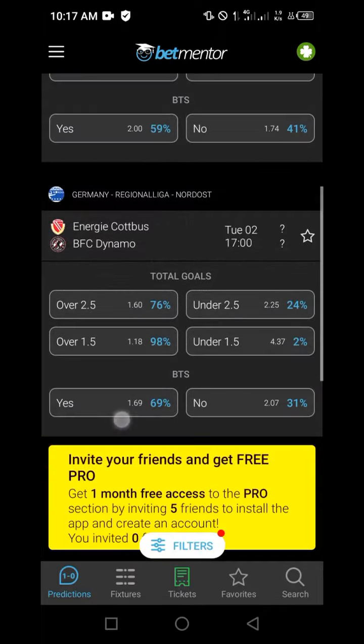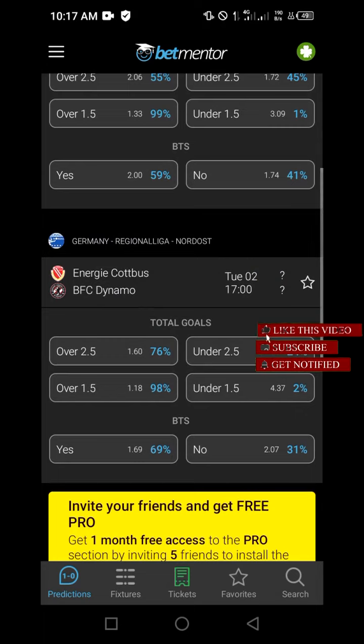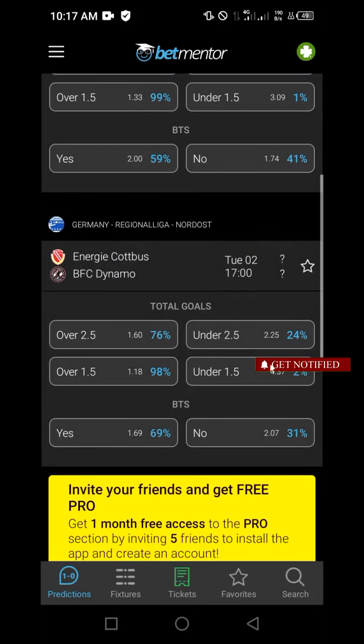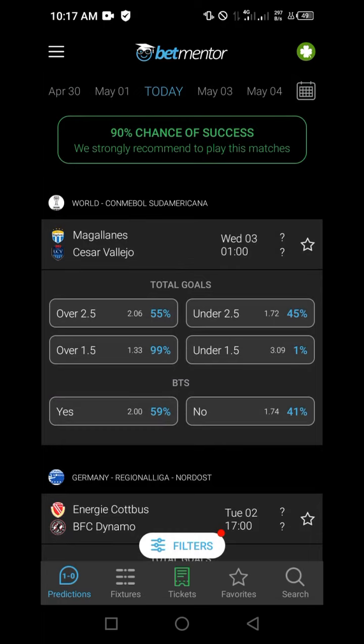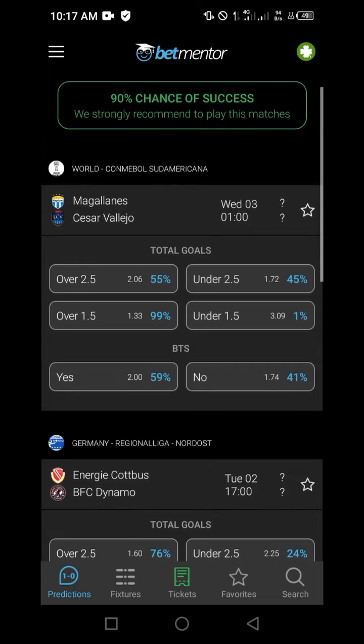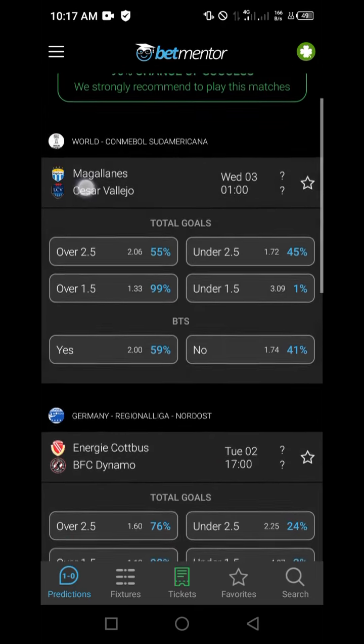We also have a match in the Germany Regionalliga Nordost, which is a match between Energie Cottbus playing with BFC Dynamo. And we also have a match in the Copa Sudamericana. Is a match between Magallanes playing with Cesar Vallejo.